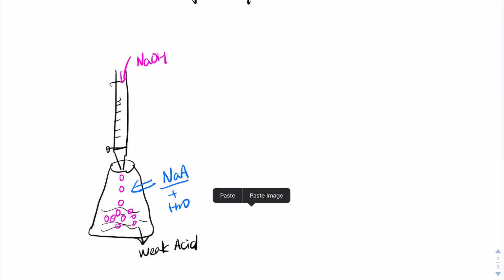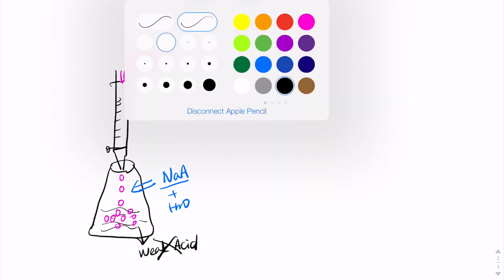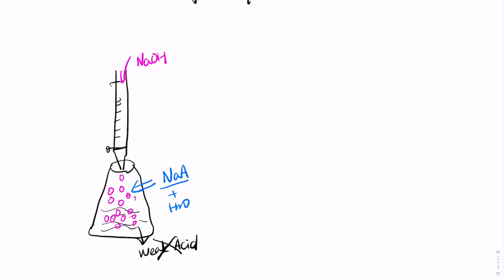This acid is all gone because you kept adding more of the base. So what's going to happen? You're going to have some leftover base, whatever you used to neutralize the acid, and then this conjugate base of the acid, and this is so weak that after equivalence point you can actually just ignore it.